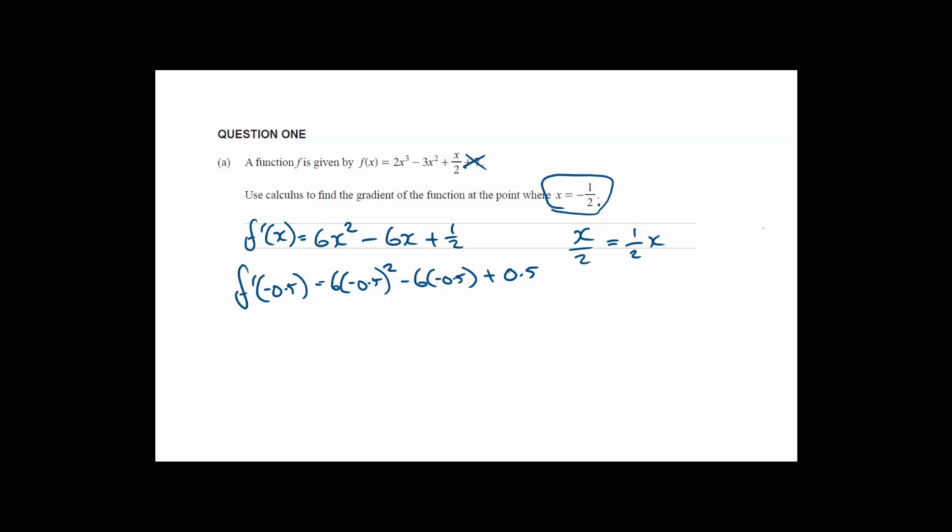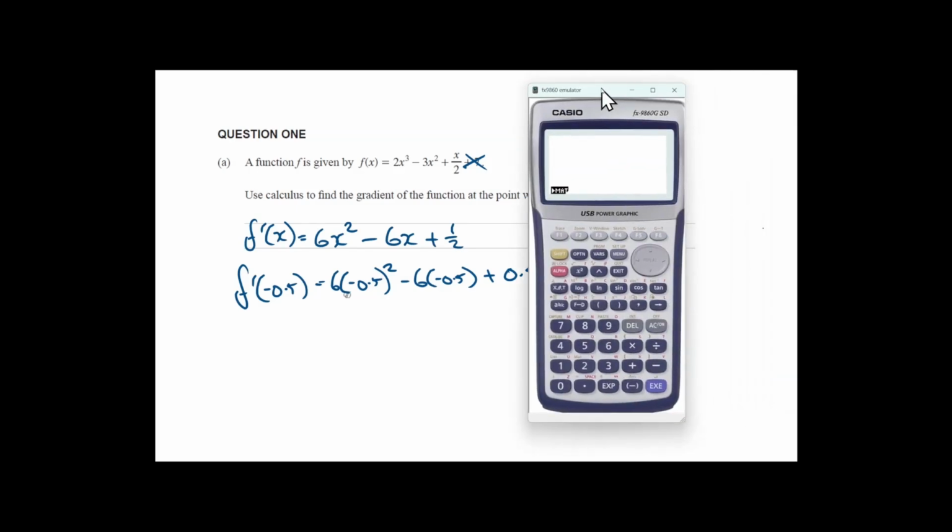Now, I just want to go over an interesting thing here. If we have negative 0.5 and we square it in the case of your calculator, it gives us this answer, negative 0.25. And it's not correct.